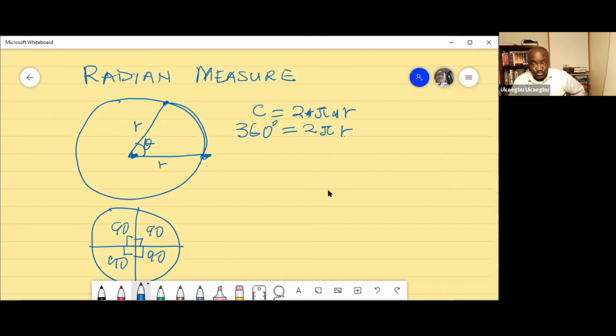If the radius is 1, then this measurement now turns to what? Radian. So if radius is equal to 1, which is the unit circle, then 360 degrees turns to 2 pi radian.